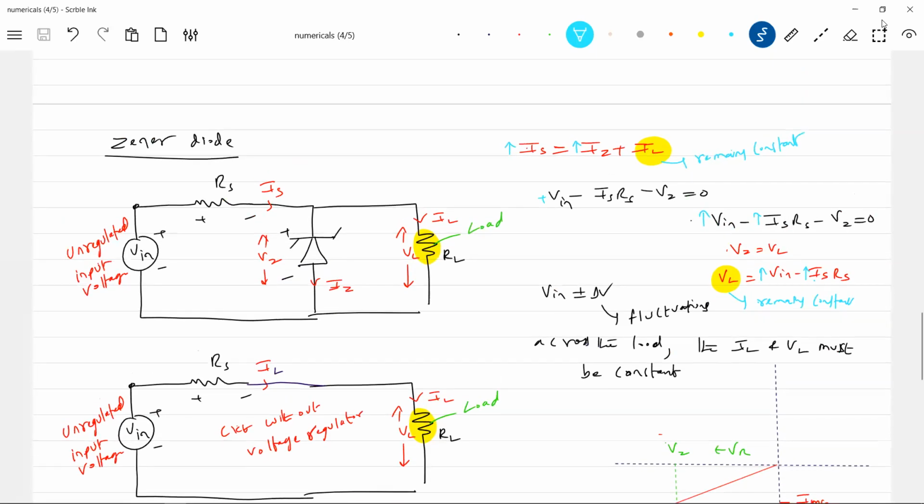The Zener diode is a line regulator as well as a voltage regulator. So what name can we give? Zener diode as voltage regulator.